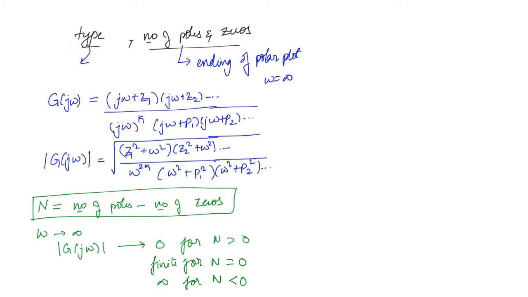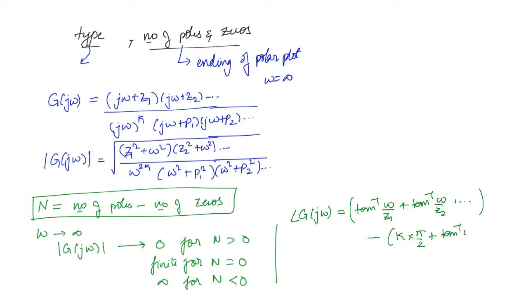This is the magnitude. What about the phase? It will be just like the previous case we have already discussed. Angle G of j omega is equal to tan inverse omega by z1 plus tan inverse omega by z2 plus so on, minus k times pi by 2 plus tan inverse omega by p1 plus tan inverse omega by p2 plus so on.